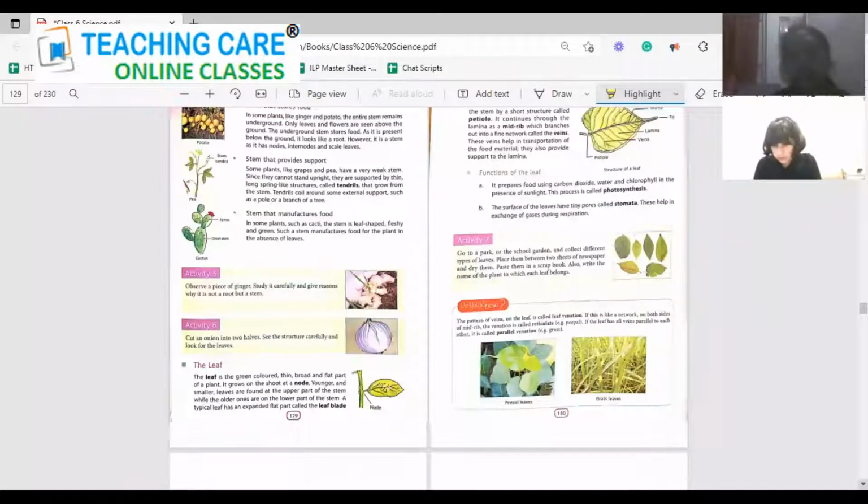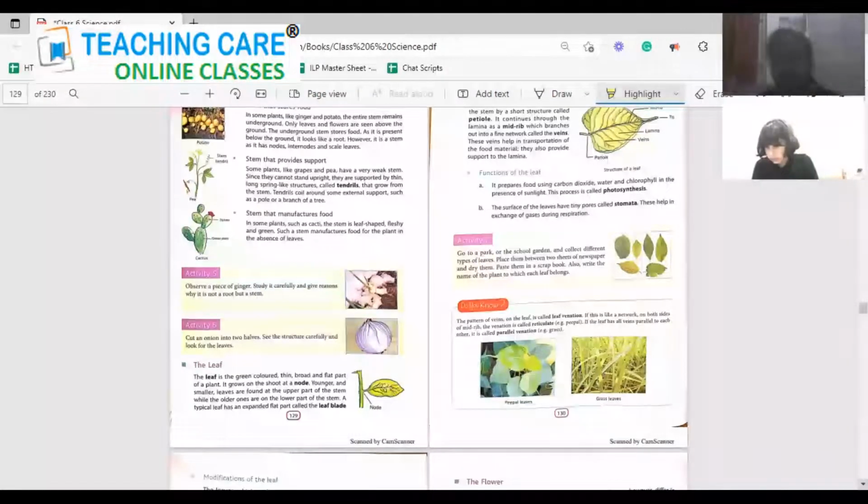Now we'll look into the leaf. We saw the stem, the functions of the stem, and how the stem is modified. The leaves are mostly green colored, broad and flat in shape.